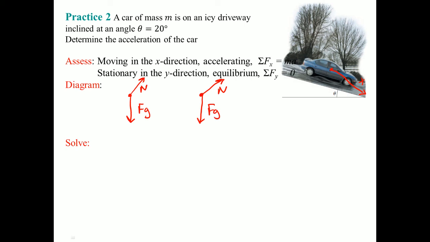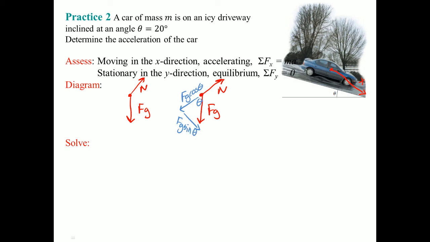Let me grab a different color when I break up the forces. So the vertical part here is going to be Fg sine theta. Wait, is that correct? No, that's wrong. Because this is theta, this is going to be Fg cosine theta because it's adjacent. Its opposite is Fg sine theta.